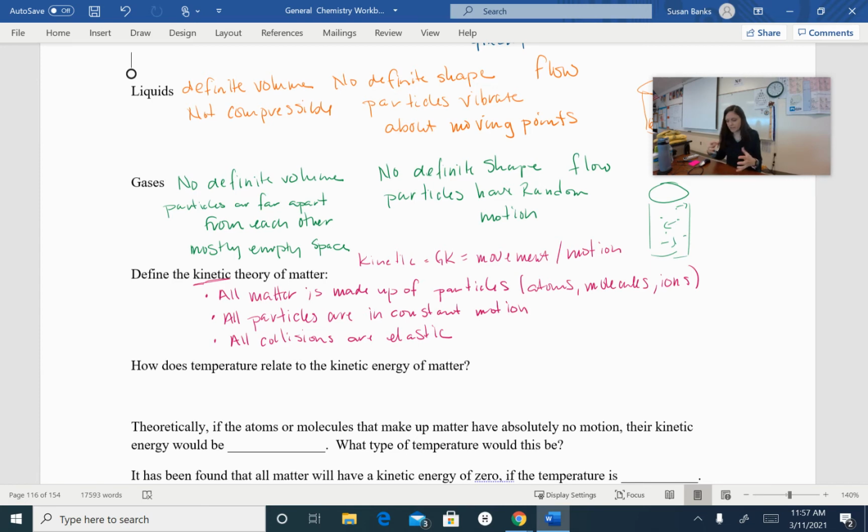Kind of like if you've ever played air hockey, if that air hockey table is working really well and you hit the puck, that puck is going to bounce off the sidewall or the back wall, whatever, and it's still going to be traveling at the same speed before it was hit and after it hit the wall. That means no energy was lost. So elastic collisions mean after the collision, the energy is the same as the energy before the collision. So no energy lost.